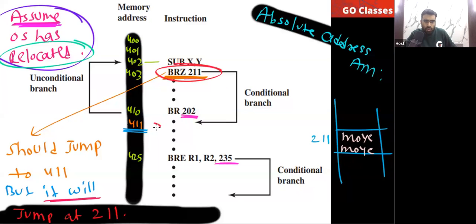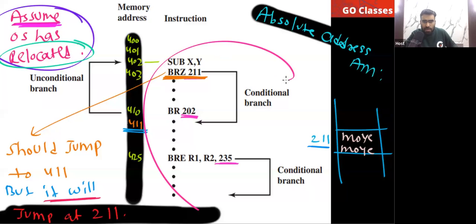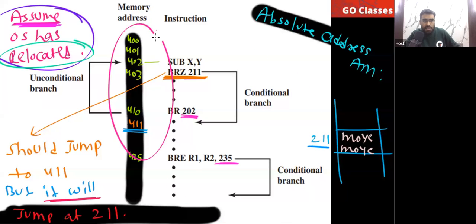This branch instruction should jump to 411, but it will jump to 211. And at location 211, we don't know what is there, because your program is loaded at this address. So we don't know what is at address 211. So there is a problem.